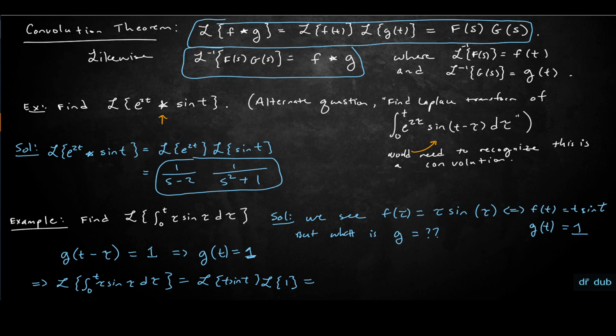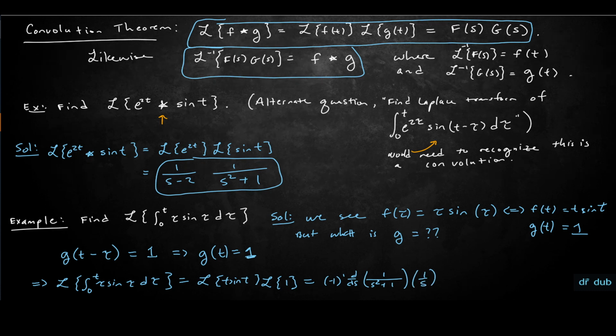Very good. So, what's Laplace of t sine t? Well, we have to use the t to the first power. So it's going to be negative 1 to the first power d by ds of 1 over s squared plus 1. Laplace of 1 is just 1 over s.